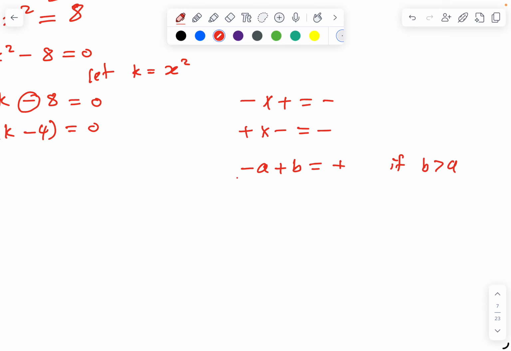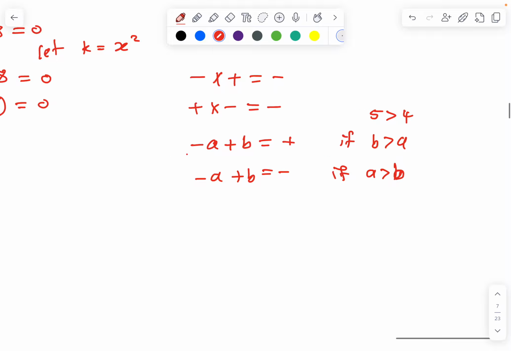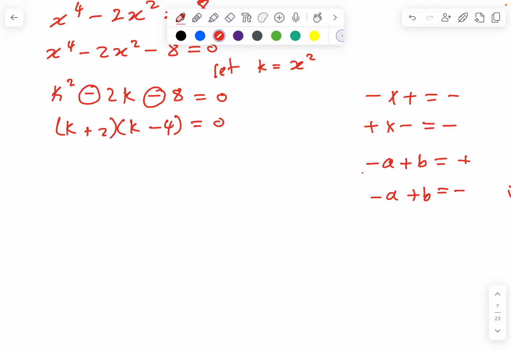Negative A plus B will be negative if A is greater than B. So you can put in numbers here. For instance, if you say 5 is greater than 4, you replace those B and A with 5 and 4, swap them, let B become 4 and A become 5, and then you just test it. You see why this thing is true.